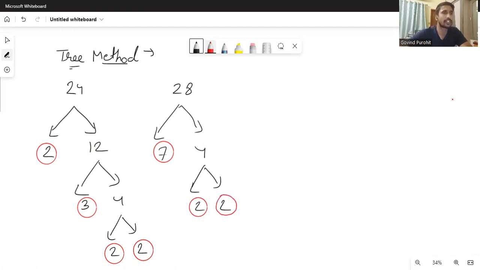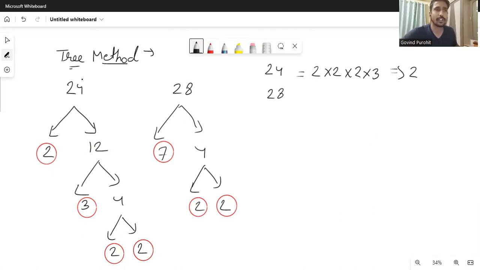So our outcome says that the prime factors of 24 are 2 multiplied by 2 multiplied by 2 multiplied by 3. We can simply say this: 2 three times, and 3 one time.